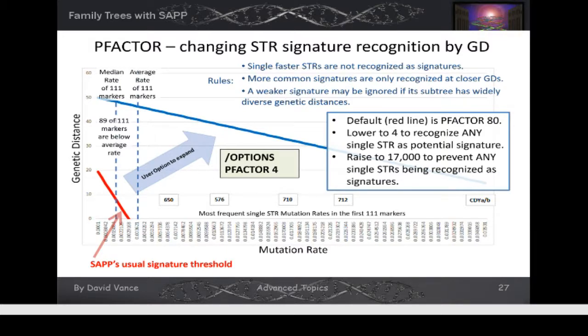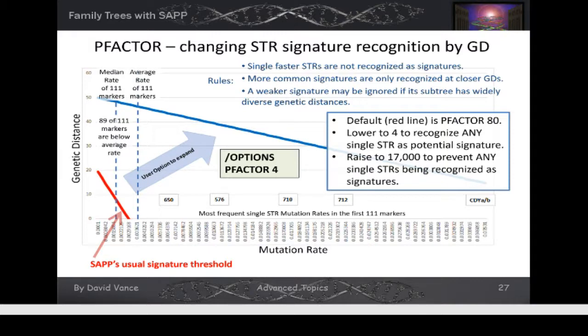And SAPP makes good use of signatures in order to parse out the data and build the tree. But like I said, the faster mutating markers like CDY A and B, 712, 710, 576, 650 are among the faster mutating of the markers in the 111 set. Can be problematic, and you don't necessarily want to recognize them as individual signatures.